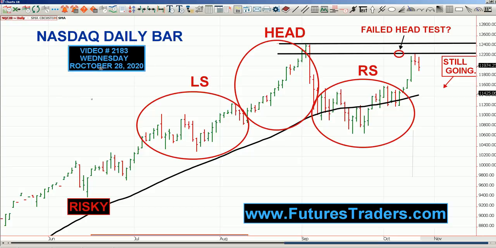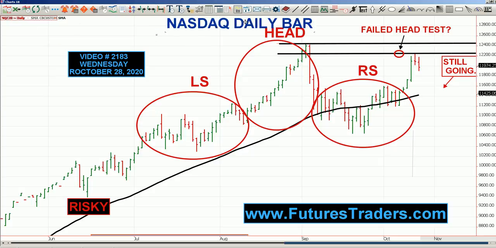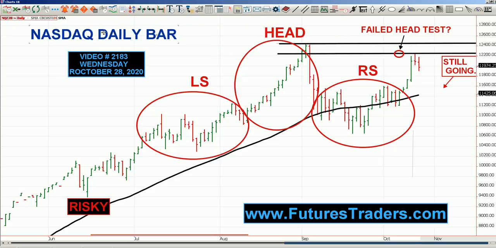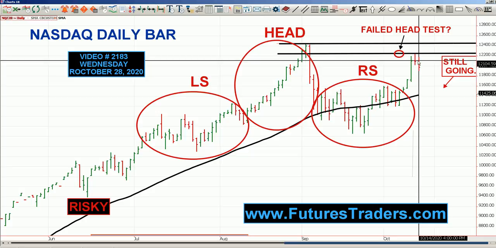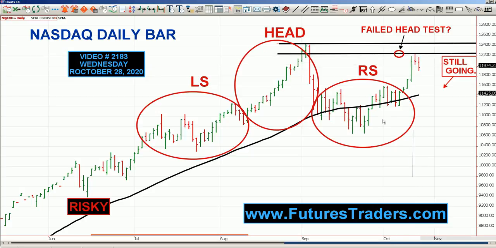So for Wednesday, October 28th, Tuesday night into Wednesday, this chart is the Nasdaq daily bar. Must look familiar to you by now because I keep showing it to you in every video for at least 15 days. And we started out with what I like to call a failed head test of the head and shoulders: left shoulder, the head, the right shoulder.